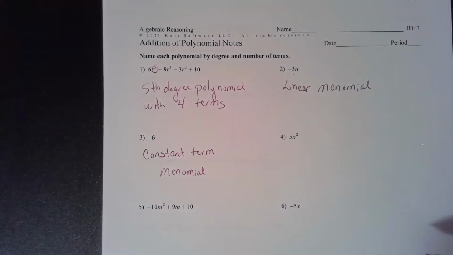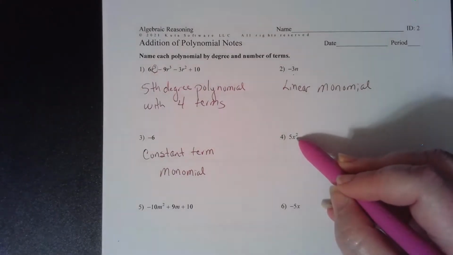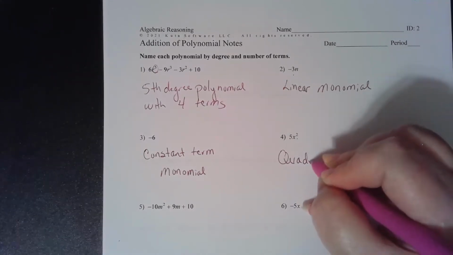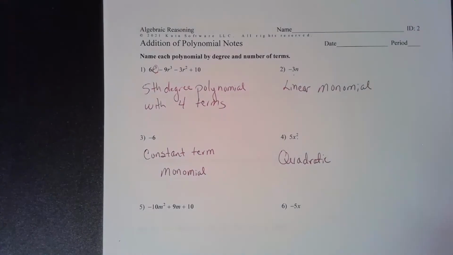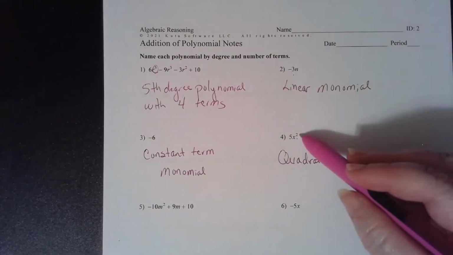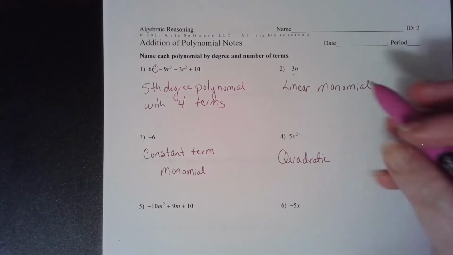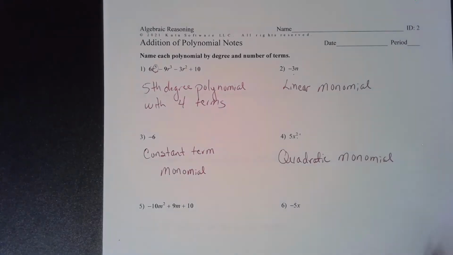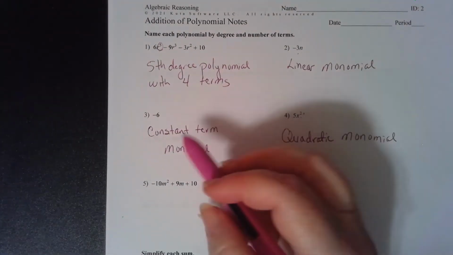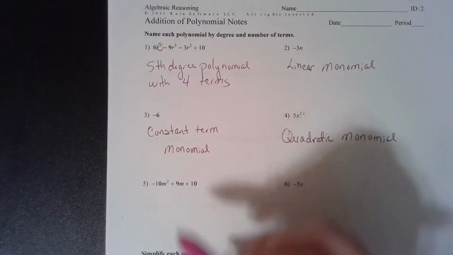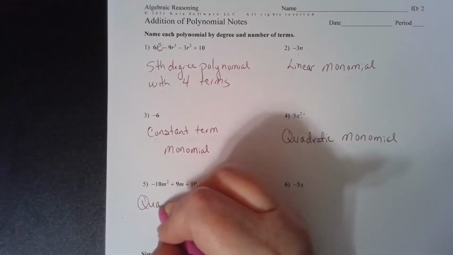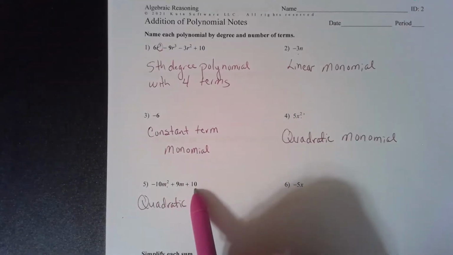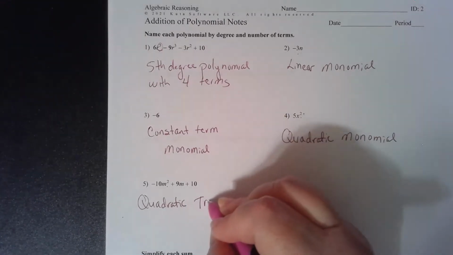All right, this one has a power of 2. That means it would be a quadratic, and there's only one term because there's not anything added or subtracted from it, so a quadratic monomial. Down here our highest power again is 2, so that also makes it a quadratic, but it's got 1, 2, 3 terms, so it's a quadratic trinomial.